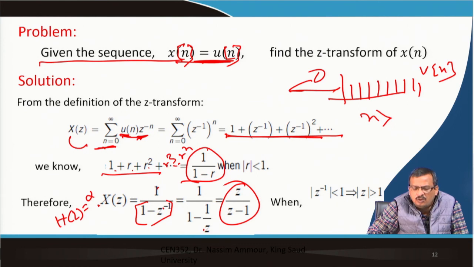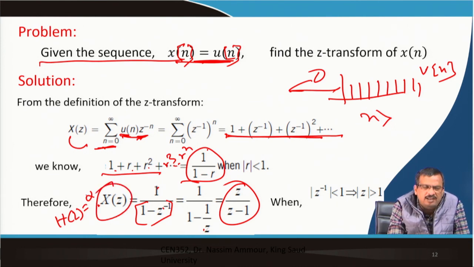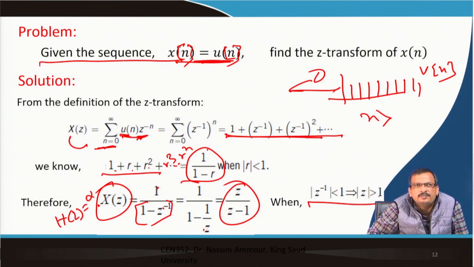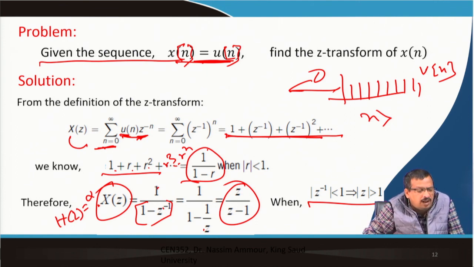Understand? So, I can find out for which X(z) is finite, that is the region of convergence, that is this.